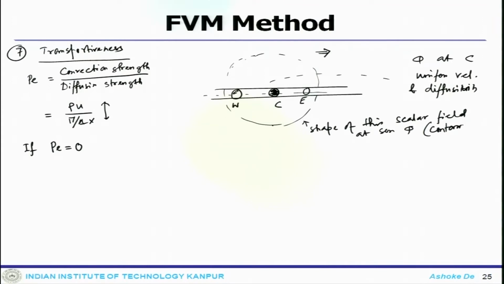You can think about the contour of phi. Now, the fluid particle has some uniform velocity and diffusivity.